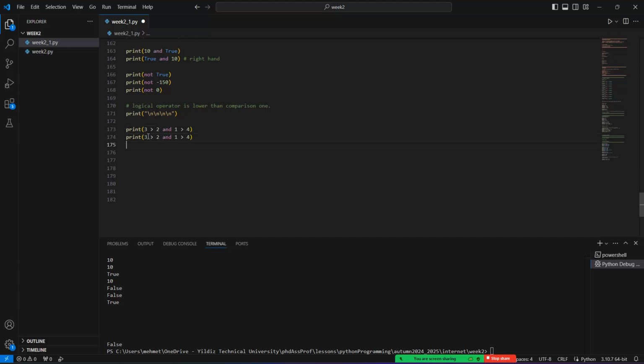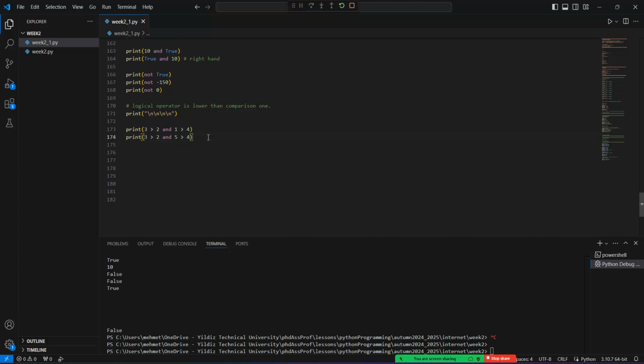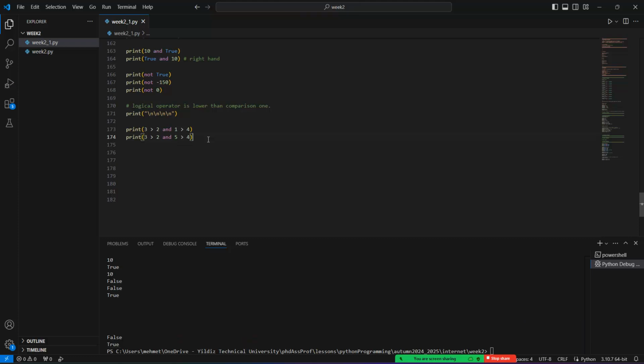And so, for example, 3 and this is 5. What's the output of this code? These two conditions are true, and so we have true values. Okay? Or print not 10 times 3 in here. What is the output of this code?